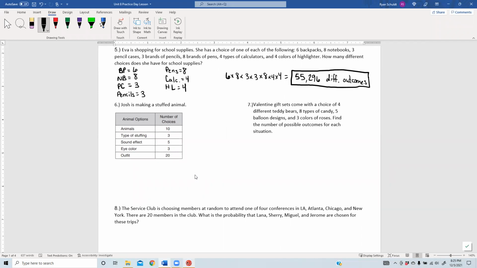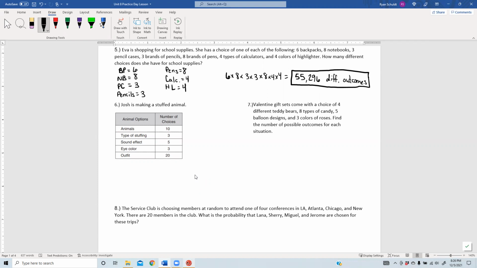Of course, if you've ever been to like a Build-A-Bear, as long as you don't want to pay extra, you're going to get to pick one of each. So one type of animal, one type of stuffing, one sound effect, etc. So that's what Josh is going to do here.